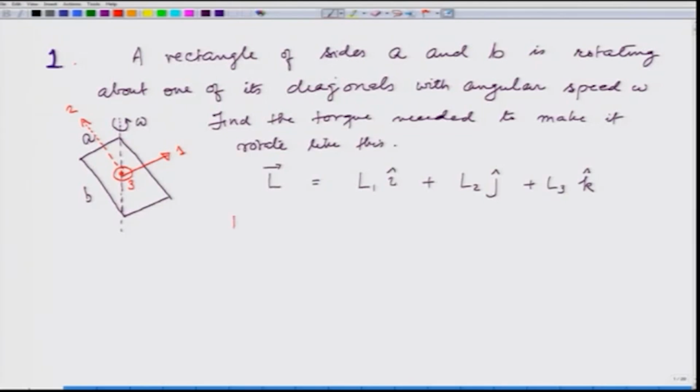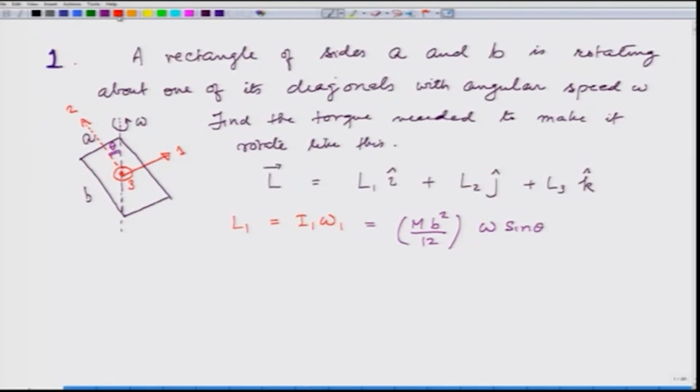Now, L1 would be I1 omega 1. Now, if I take the angle of the diagonal with the axis 2 to be theta, then this is equal to I1, which is m b square over 12, times omega 1. Omega 1 is the component along 1, which is omega sine theta.